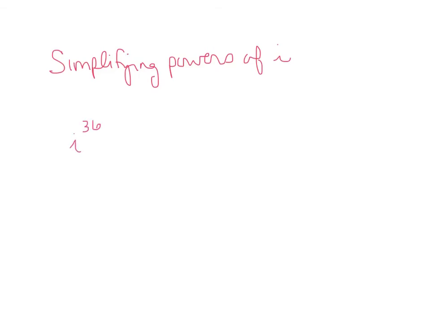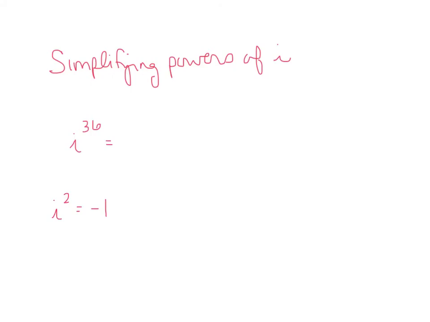We're going to take a second and look at simplifying powers of i. It's kind of a neat thing. Not as daunting as it may look. If we look at example 54, 54a starts out with i to the 36th power. And so you're like, okay, what is i to the 36th power? So you want to base it off of i squared, and the fact that you know i squared is negative 1.